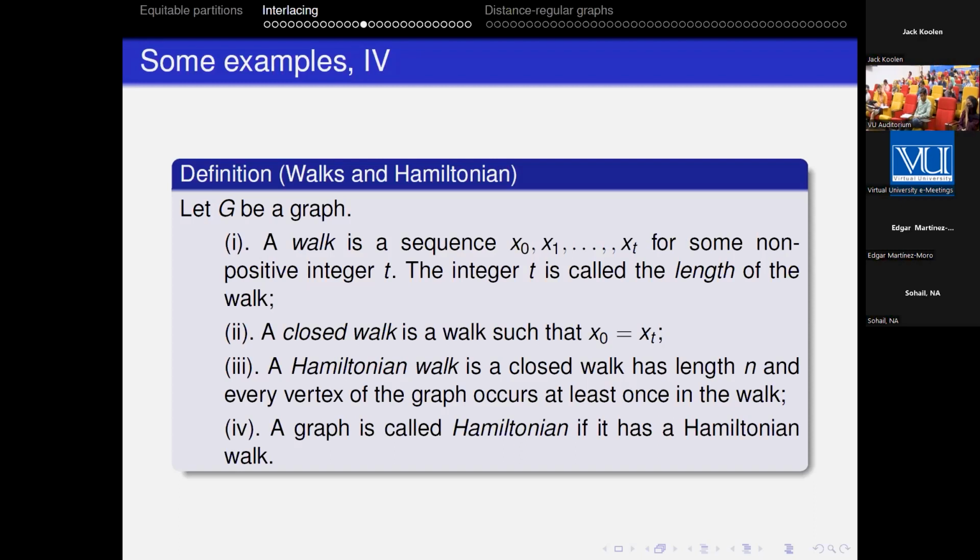This has had a lot of attention, because deciding whether a graph is Hamiltonian is an NP-complete problem. You may not know what that exactly means, but this is a very important problem, and a lot of people try to find sufficient and necessary conditions for a graph to be Hamiltonian.